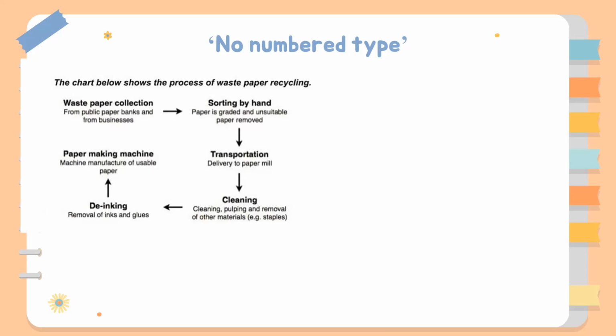As you can see, this is a diagram without numbers. However, you can recognize the direction, and if you follow it, you can easily find the beginning and the final steps. So the beginning is the waste paper collection, and the final is the paper making machine.